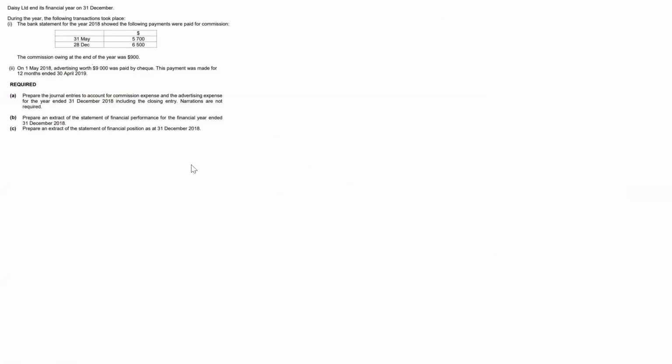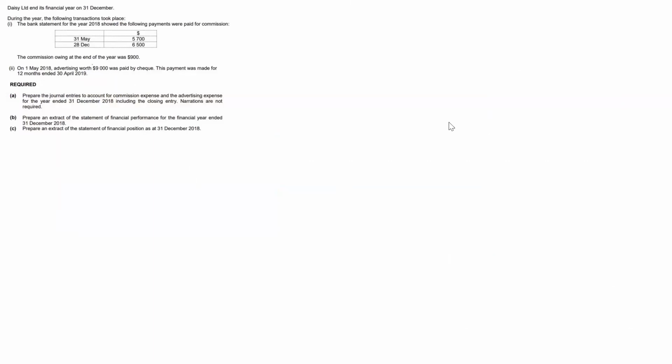Okay, so for advertising itself, because there are a couple of dates that's given over here, I'm going to show you a timeline to summarize the information related to the advertising. So let's take a look at the timeline for this info number 2.